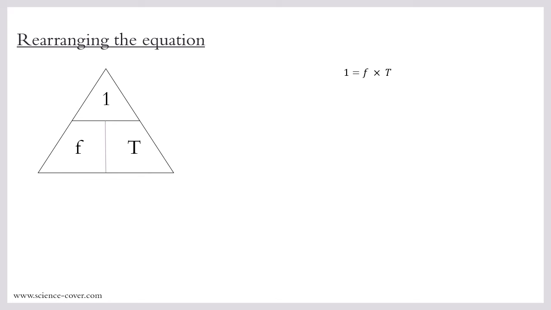So the frequency of a wave multiplied by the time period of that wave should always equal 1. The time period can be calculated by dividing the number 1 by the frequency of the wave. And the frequency of the wave can be calculated by dividing the number 1 by the time period.